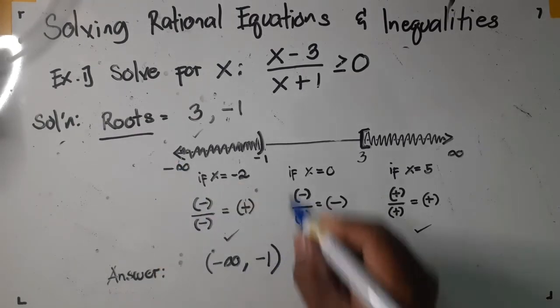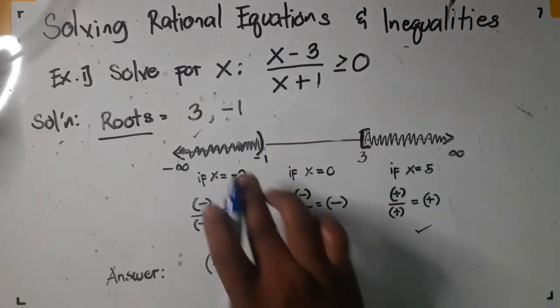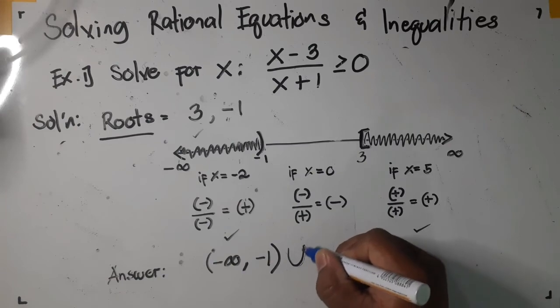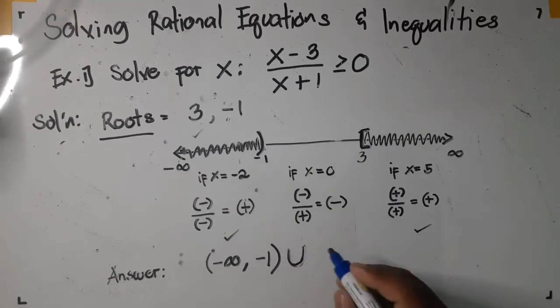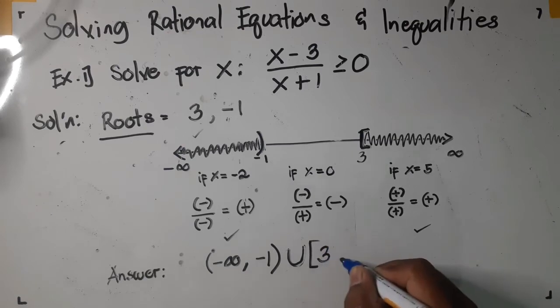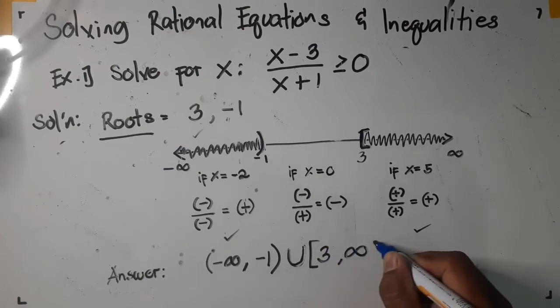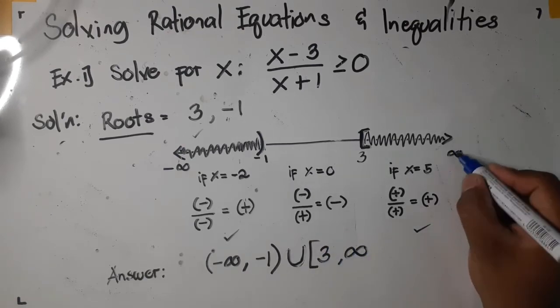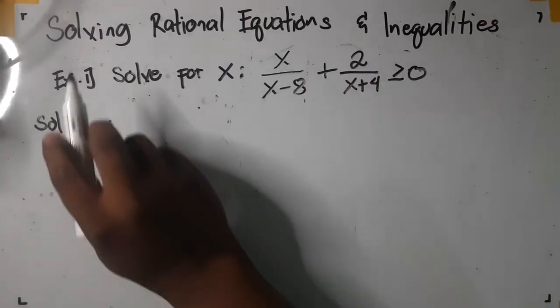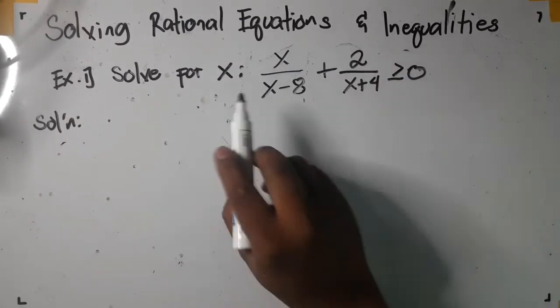So for negative 1, it is also a parenthesis. If there are two interval answers, use union. Okay, for 3, since 3 is included, use bracket. Then for infinity, notice infinity, again parenthesis. Again, when infinity or negative infinity is involved, parenthesis. And that's all.